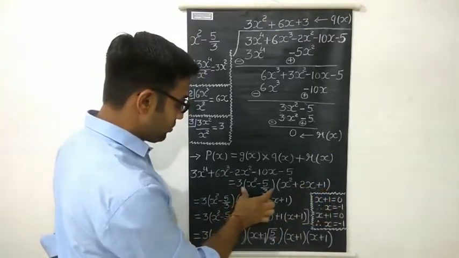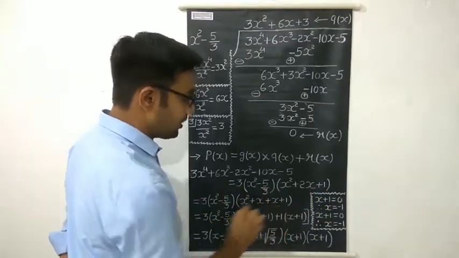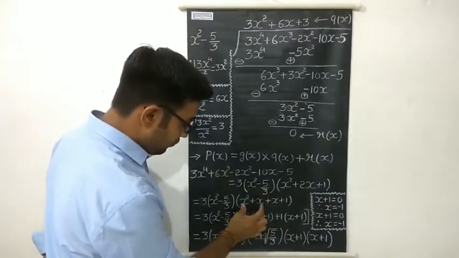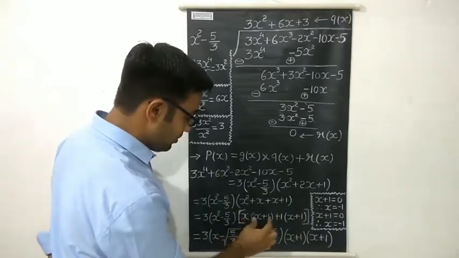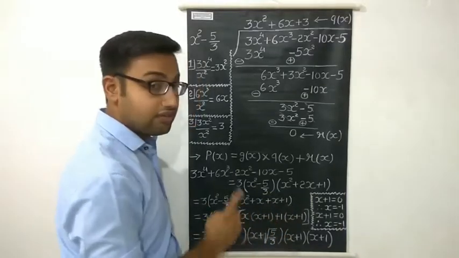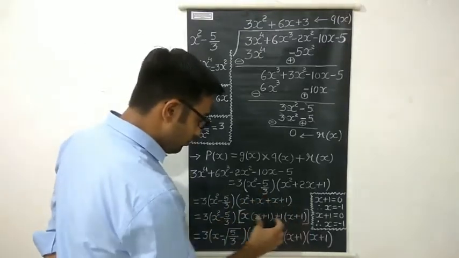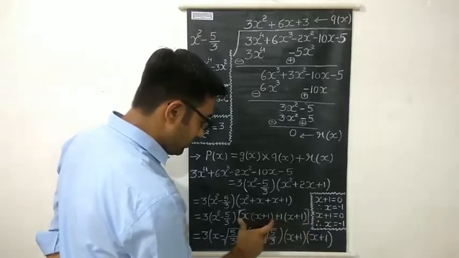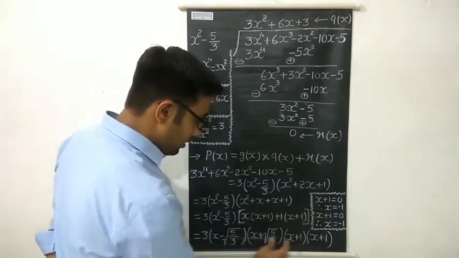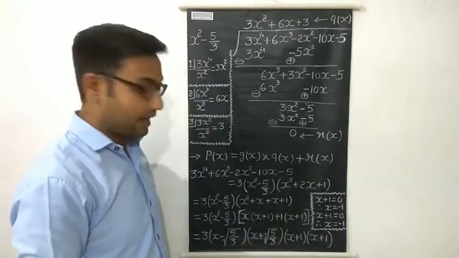This portion remains the same, and we write this as x^2 + x + x + 1, where the 2x has been split. From the first two terms we take x as common, so x plus 1 remains. From the last two terms we take 1 as common, so x plus 1 remains. Now x plus 1 is common in both terms, so we take common x plus 1, and what remains is x plus 1 in the other bracket.